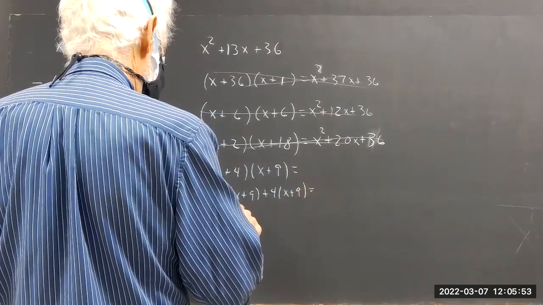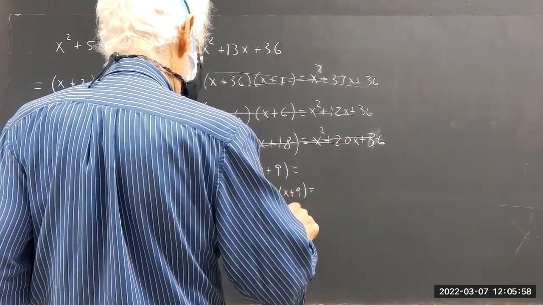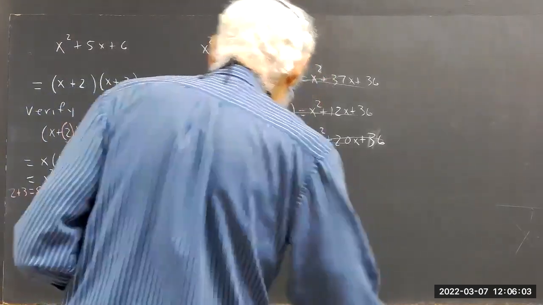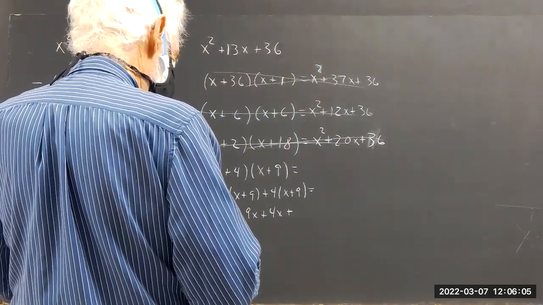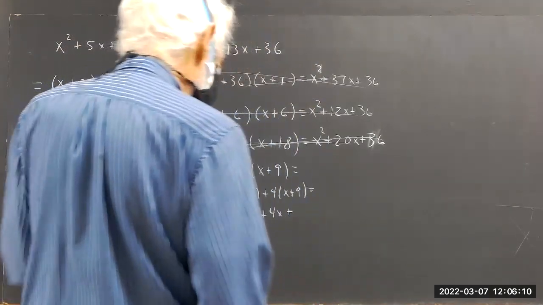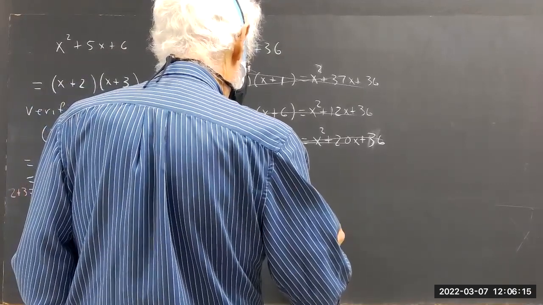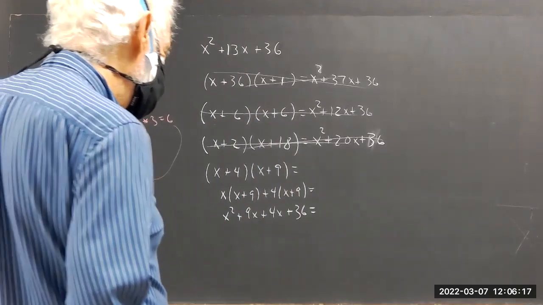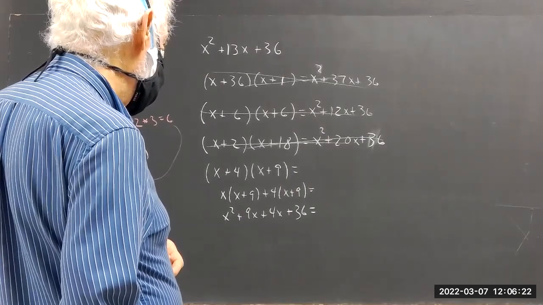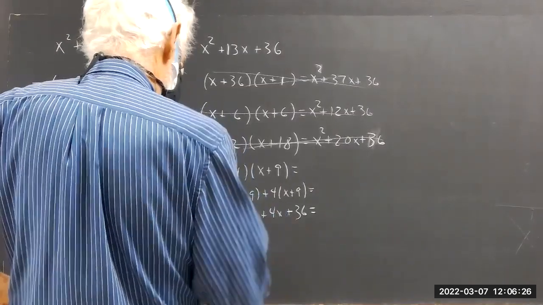And that equals x squared plus 9x plus 4x plus 36.